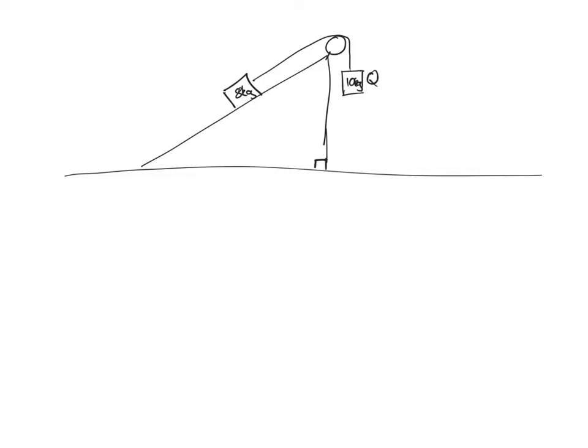This is Q. This is P. This is 30. Assuming the string remains taut, find the change in gravitational potential energy of the system when Q descends h meters.